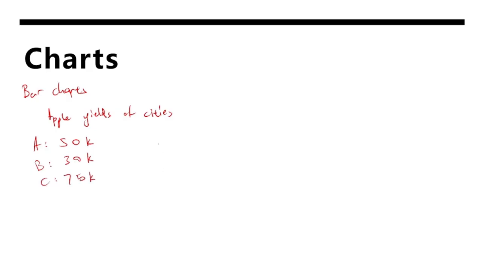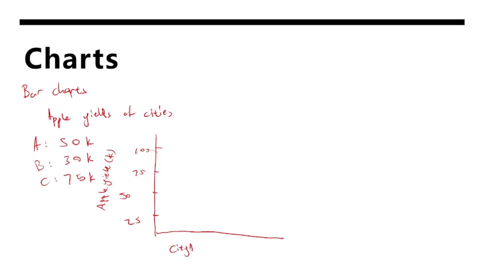A bar chart looks like this, with its y-axis being, let's say, 25, 50, 75, 100. And the unit here is apple yield in K. And the x-axis would be cities: city A, city B, and city C.